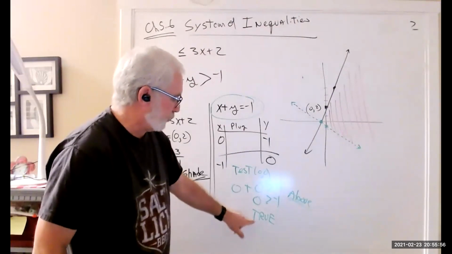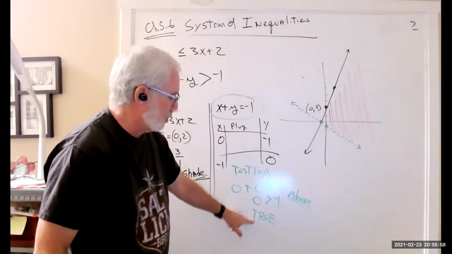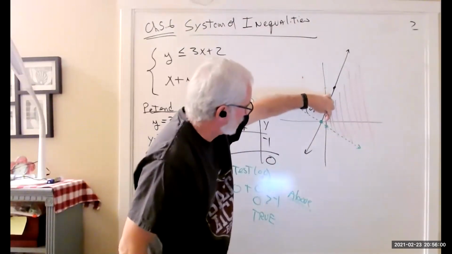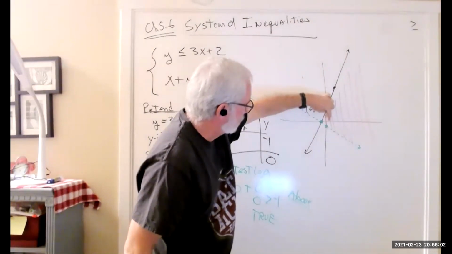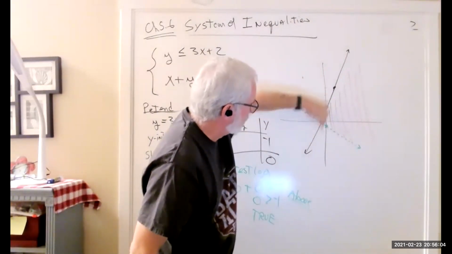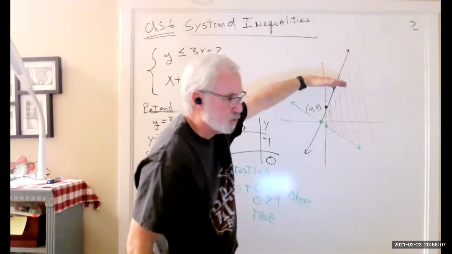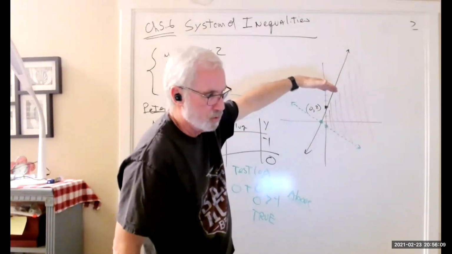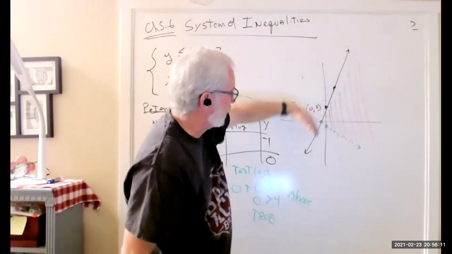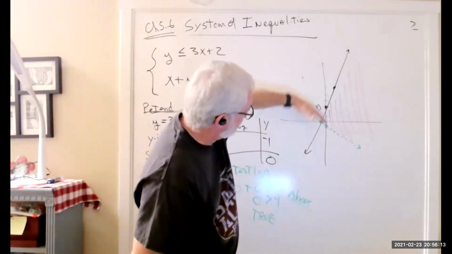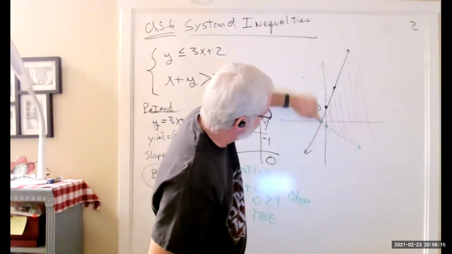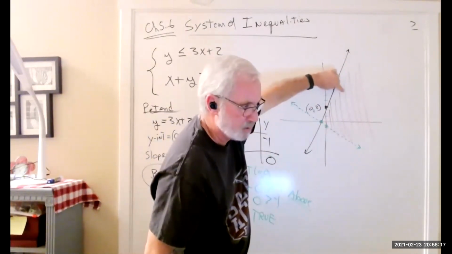So I got true. The test point was 0, 0. So I shade on the same side, I shade towards truth. So my green line should have been here, shading towards the test point.